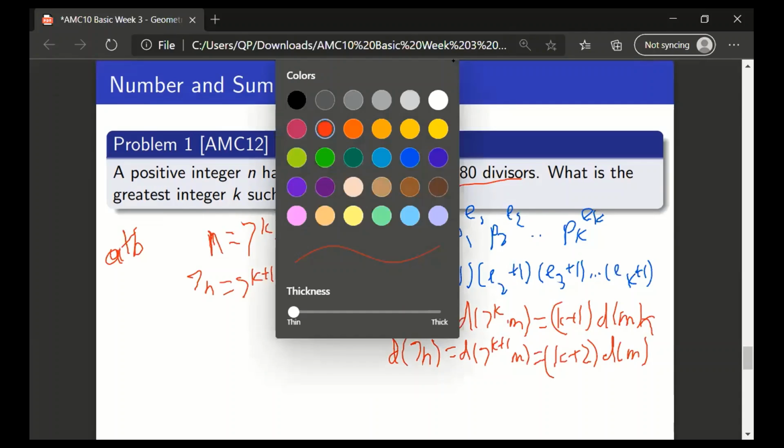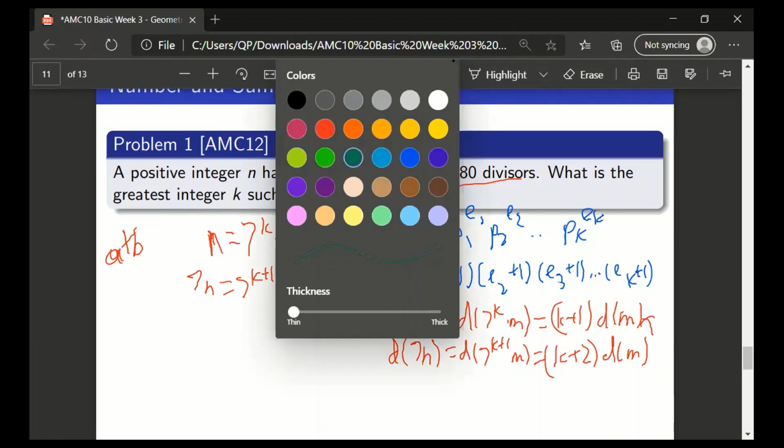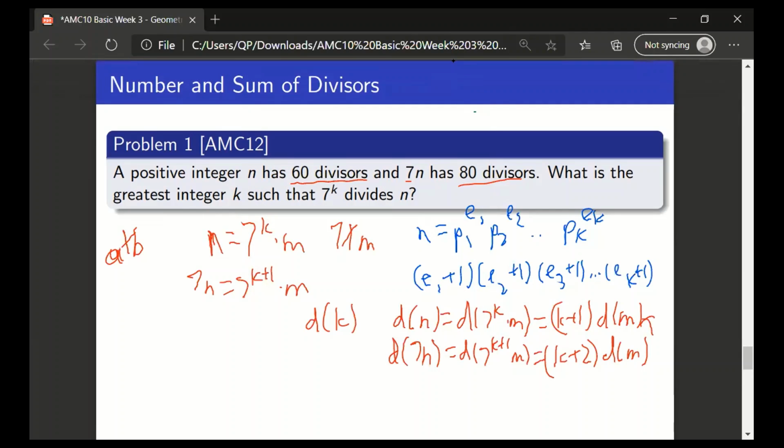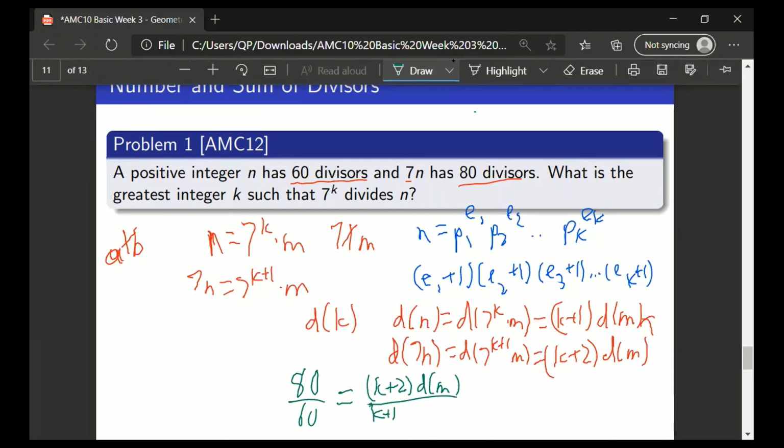Now you can divide d(7n) and d(n). So you know that 80 over 60 equals (k + 2) times d(m) over (k + 1) times d(m).